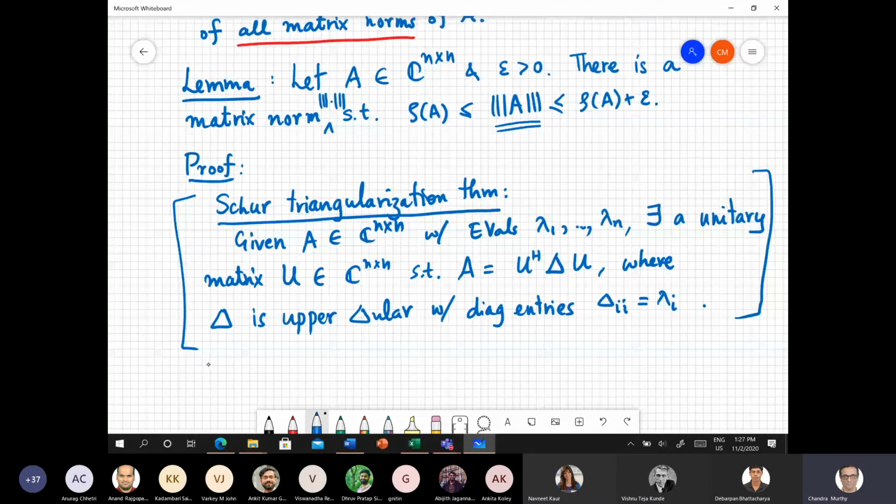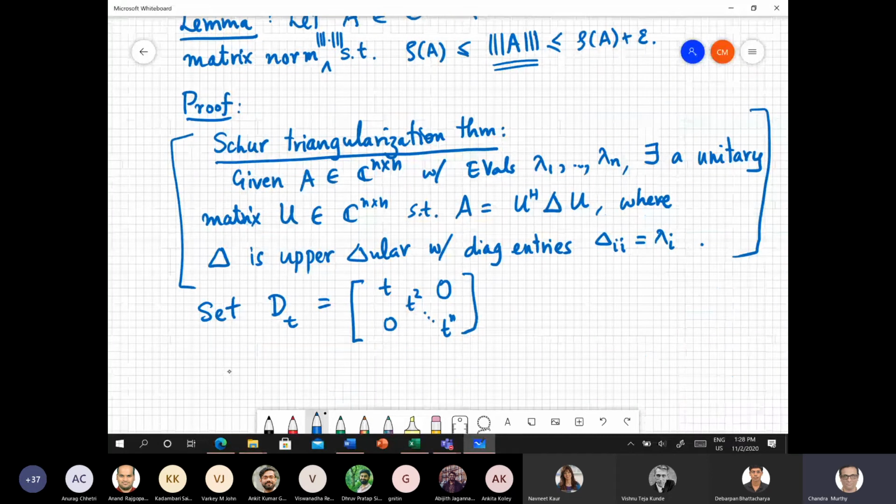Okay, so now let's set D_t to be a diagonal matrix with t squared up to t to the n along the diagonal and zeros everywhere else.